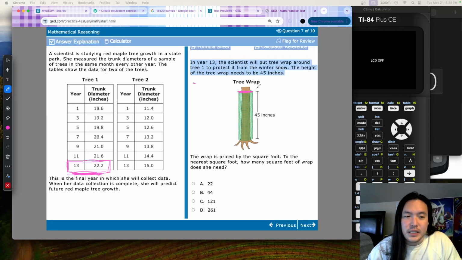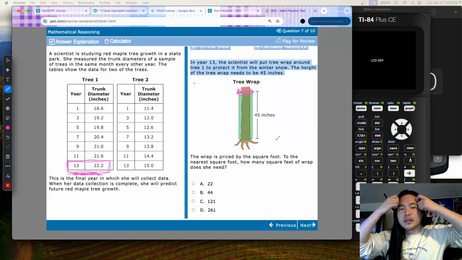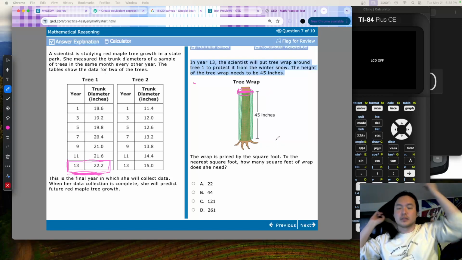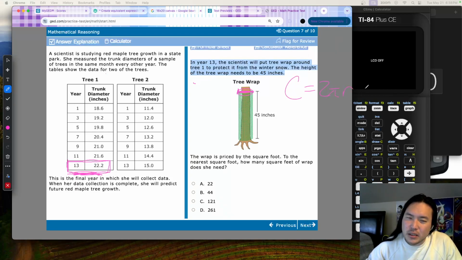So the diameter is the thickness of the tree, right? So here, if you know the thickness of the tree, hopefully you can calculate the circumference of the tree, the length around the tree, right? And then once you have the length around the tree, you can multiply that length by the height to get the area of the wrap. If you need the circumference of a circle, the circumference of the circle is 2 pi r, where r is the radius.